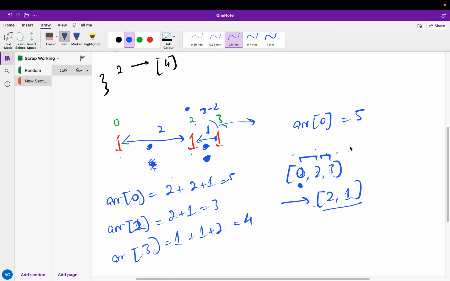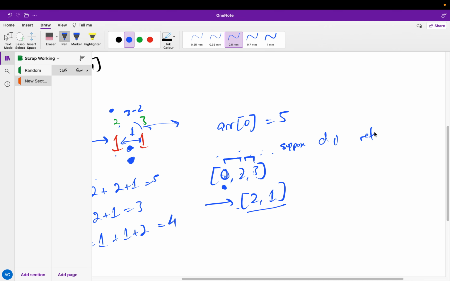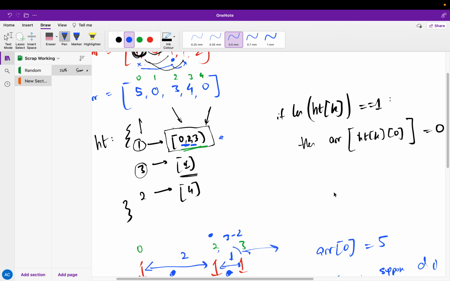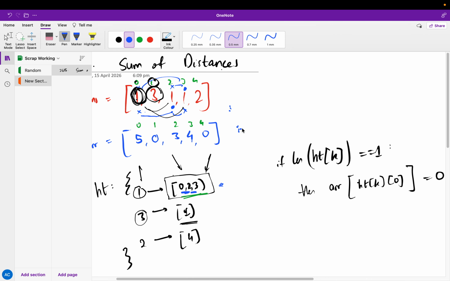Let's say, suppose d_i refers to the number of times element i exists in the array, in nums.